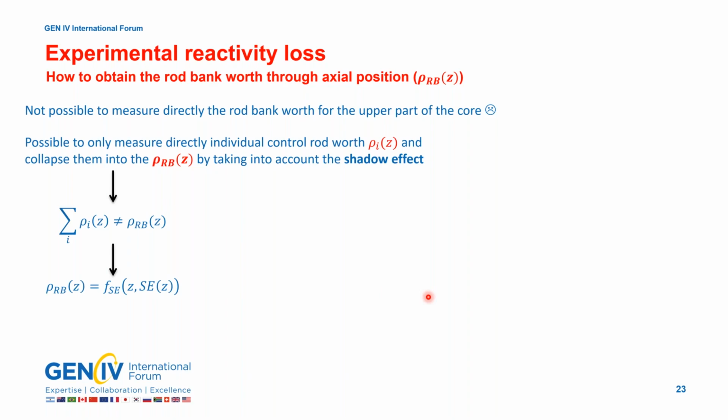As the control rods are interacting with each other, this interaction is called the shadow effect, and due to this interaction, the rod bank worth is not equal to the direct sum of each individual control rod worth, and we need what is called the shadow effect coefficient and the given formula to transform that.